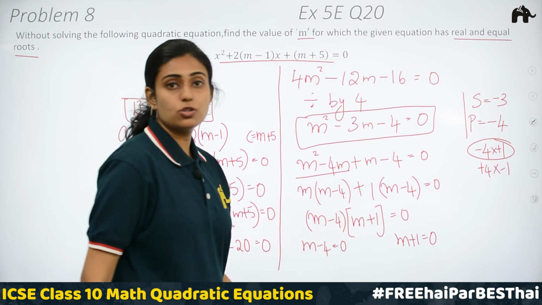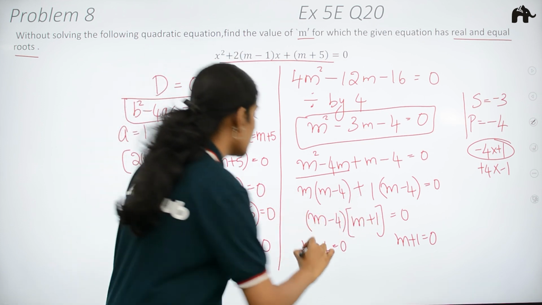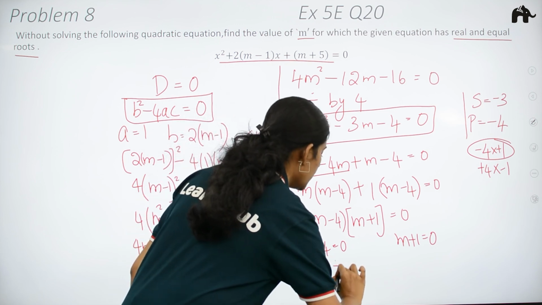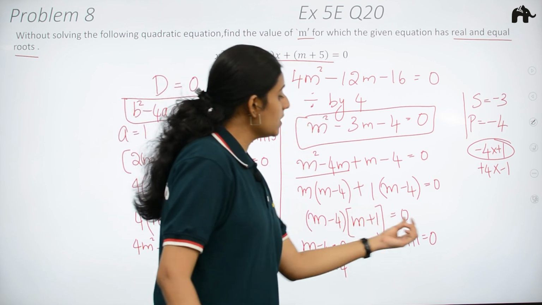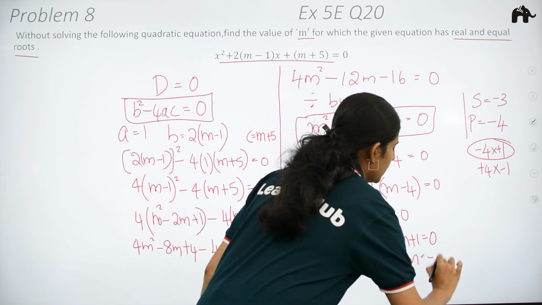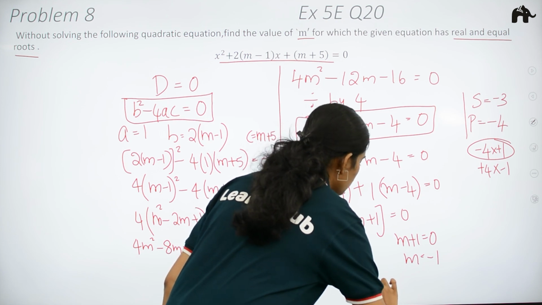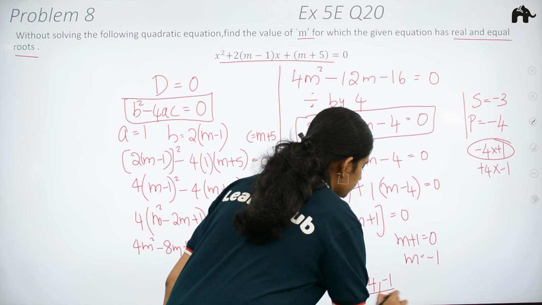Any of these two should be equal to 0. When m minus 4 is equal to 0, we get m is equal to plus 4. When m plus 1 is equal to 0, we get m is equal to minus 1. The possible values of m are m is equal to 4 or minus 1.